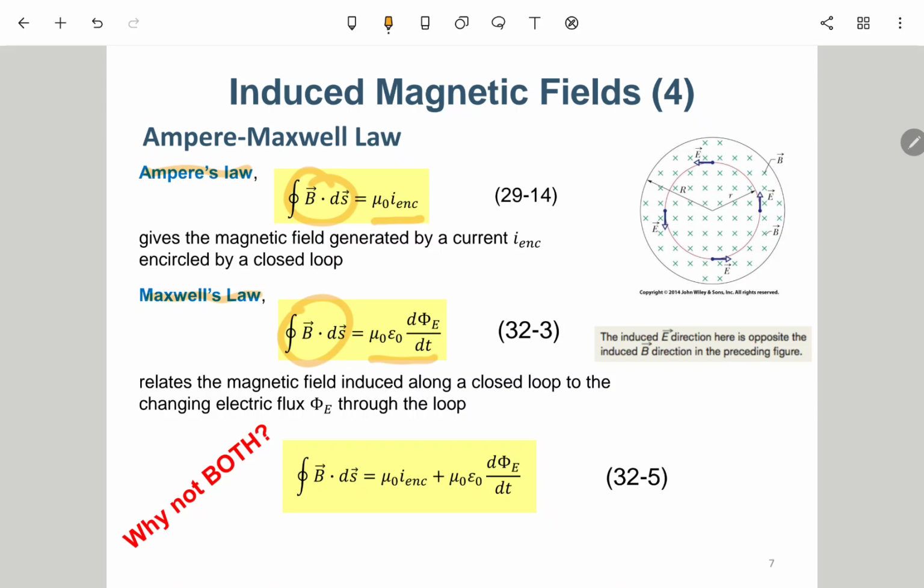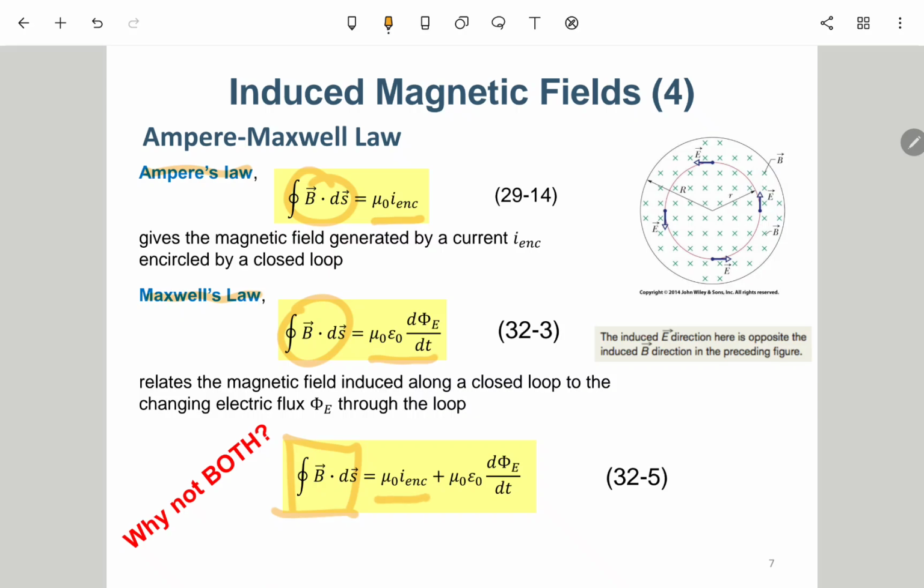When should we pick the first one, and when should we pick the second one? For the physicists, they try to combine them together, so they just add them together. On the left side, it is still the induced B field, but it can be induced according to two different sources.